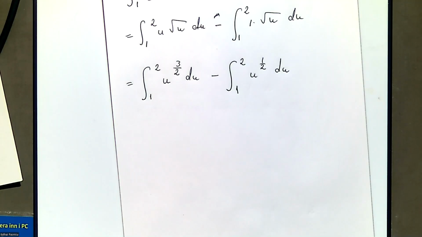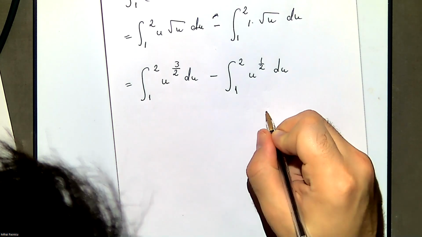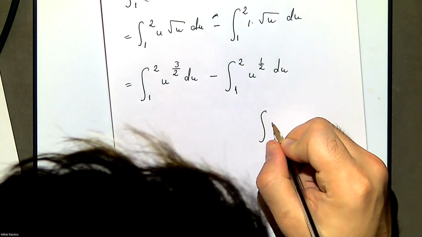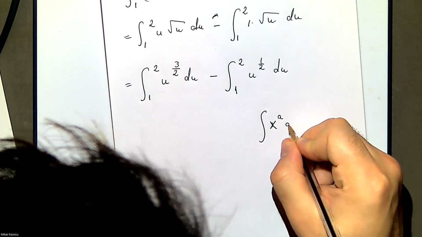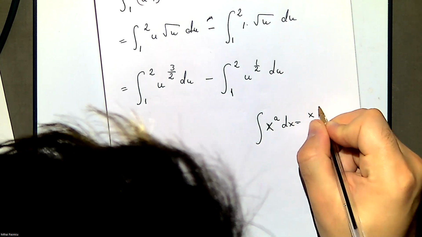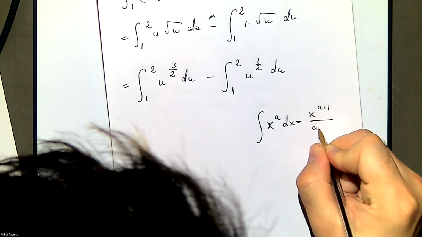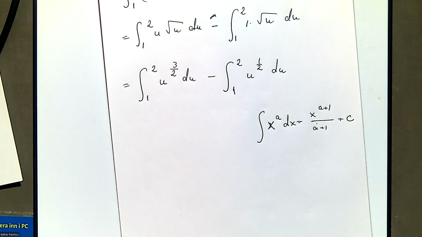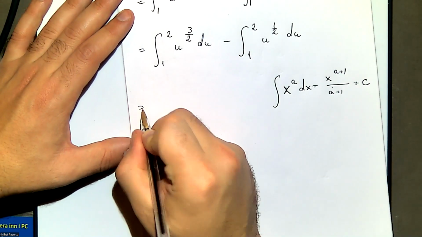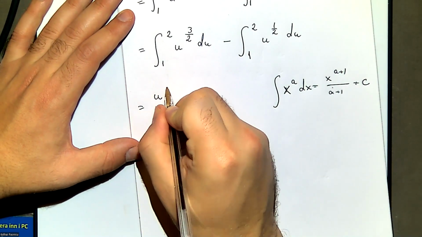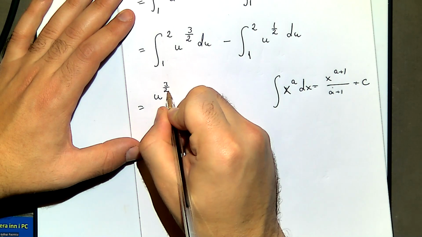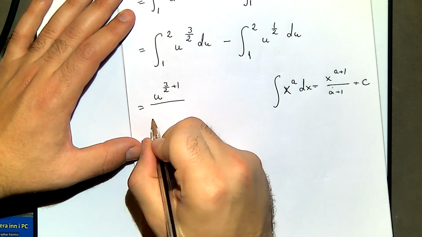And for this, we should know the formula. We know that the integral of x to the power of a dx is just x to the a plus 1 over a plus 1, plus a constant. So I'm just going to plug it in here. I'll write it in steps, I guess.